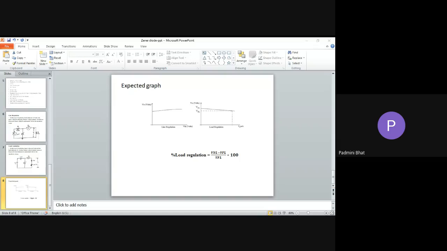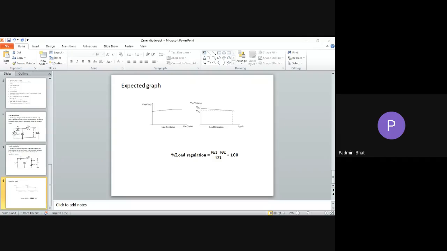Mic issue. Nivedita is not there. Satvik, come in. Yes, ma'am. Can you tell the difference between load regulation and line regulation? In line regulation, the input is varied, and in load regulation, the resistance load is varied.